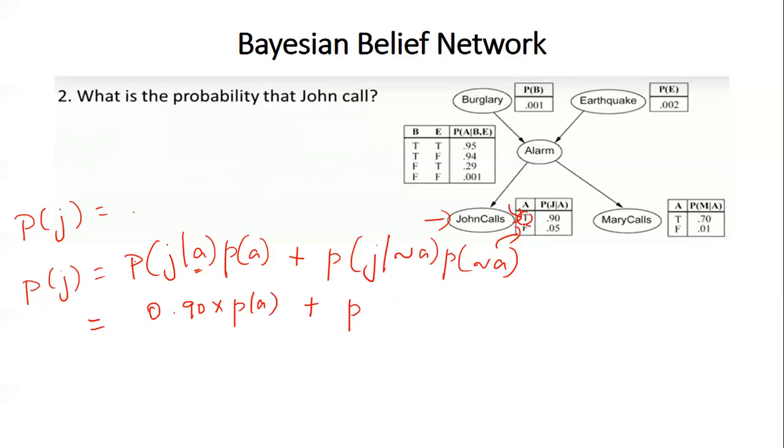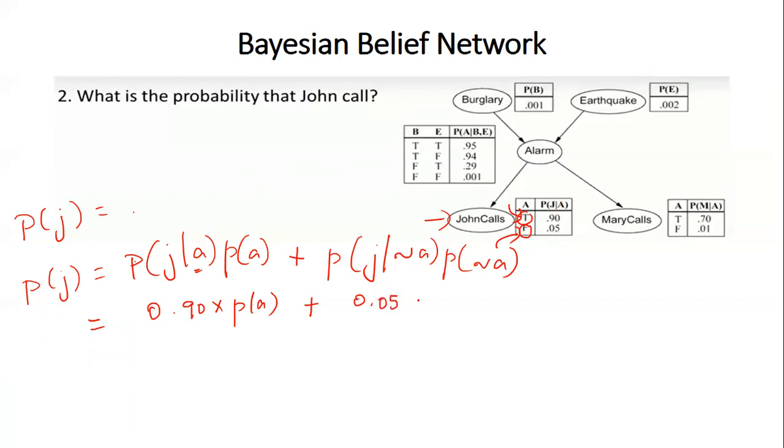So the alarm is false here. When there is no alarm and John calls is 0.05, right? So probability of John calls when there is no alarm is nothing but 0.05.